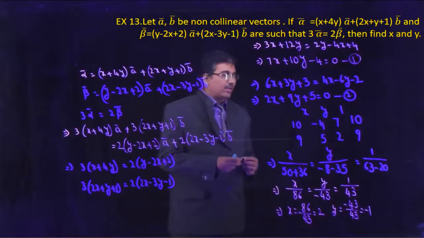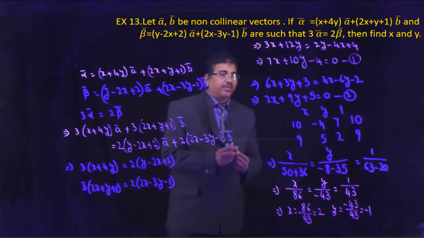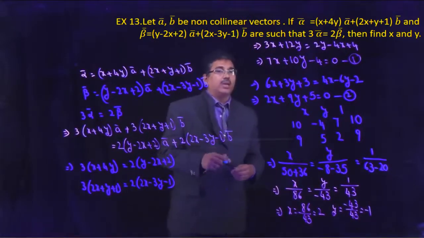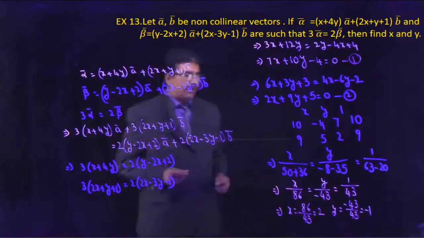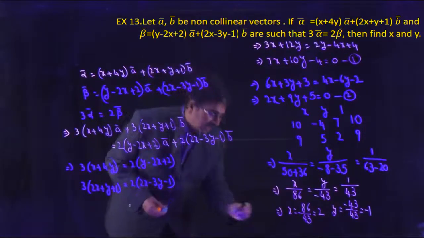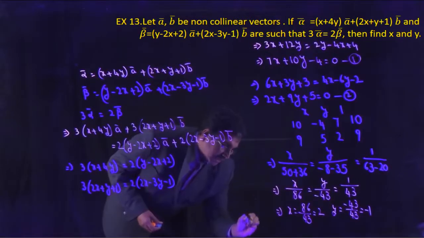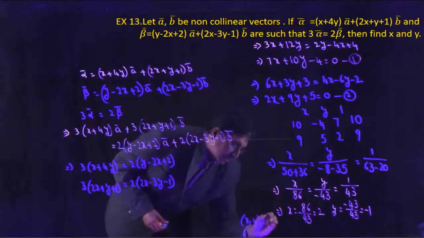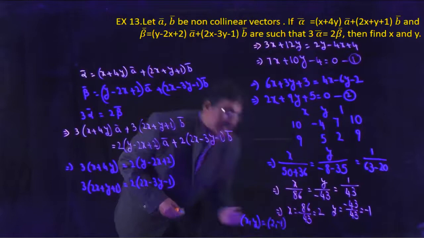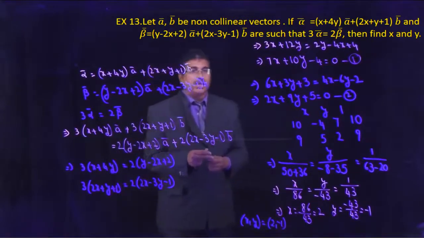Therefore x comma y is equal to 2 comma minus 1.